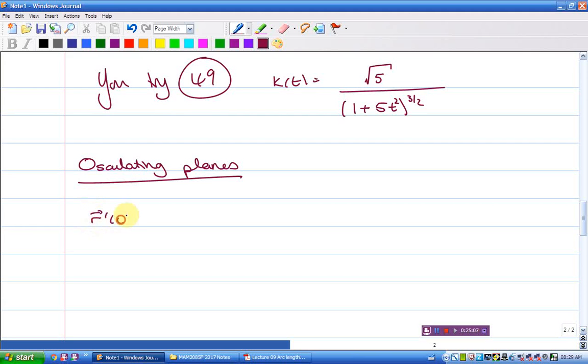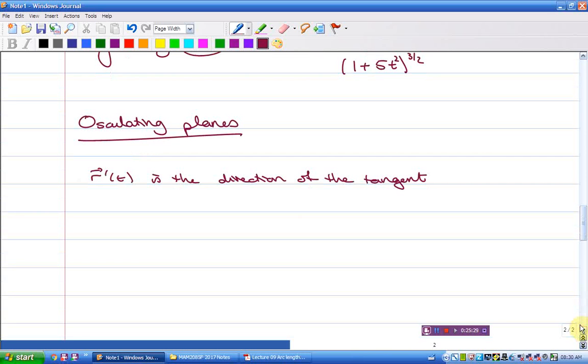So r dash of t, could you please keep quiet, is the direction of the tangent. Or it's an arrow that points along the tangent. Let's put it that way. It's your velocity, a velocity vector with magnitude and direction.